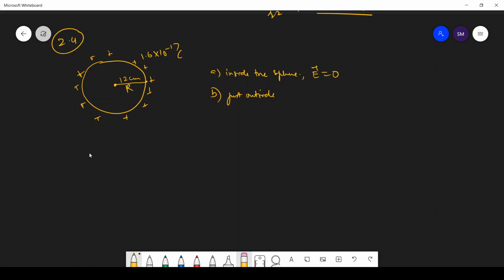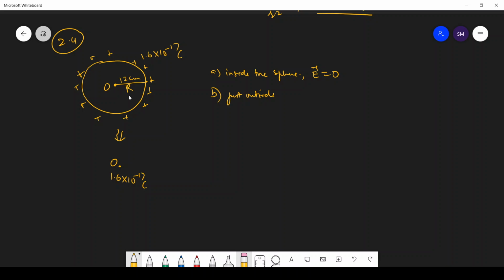Now, do you know that this sphere will behave as if the whole charge is placed at the center O. This is how this charge is going to behave.